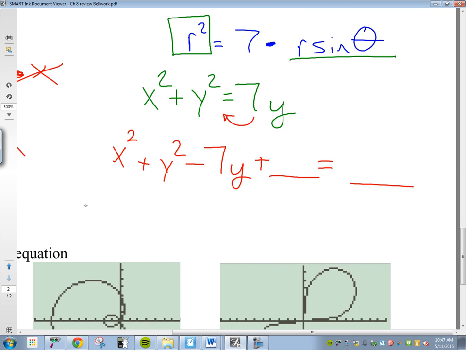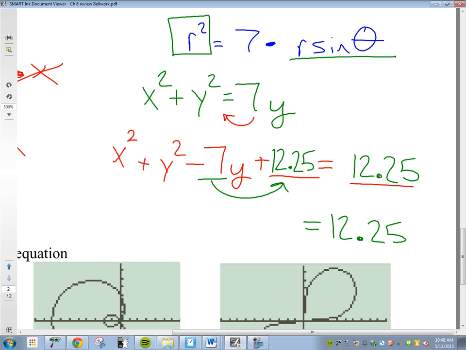I'm filling in my blanks with half of b squared. Yeah, I know it's not pretty, but deal with it anyways. Half of 7 is 3.5. And in my calculator, I'll take 3.5 squared. 12.25. Whatever I write on one side, I write on the other. Is that fun? No, but I don't care. 12.25 over there. Okay, that didn't change.